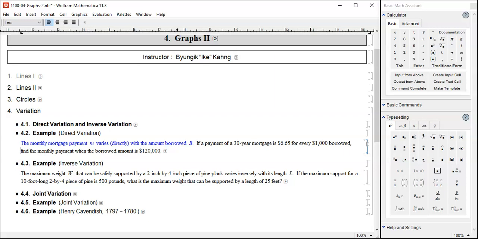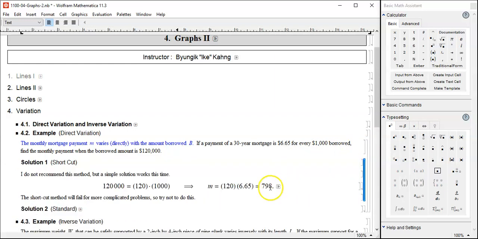In this particular case, $1,000 became 120-folded, so $120,000. So this monthly payment, $665, must be also 120-folded. And there goes the solution. Simple and elegant, and it gives you a good understanding of what a direct variation means.